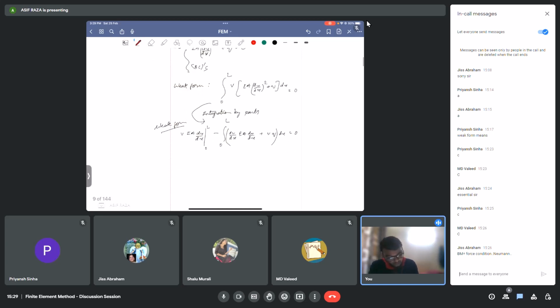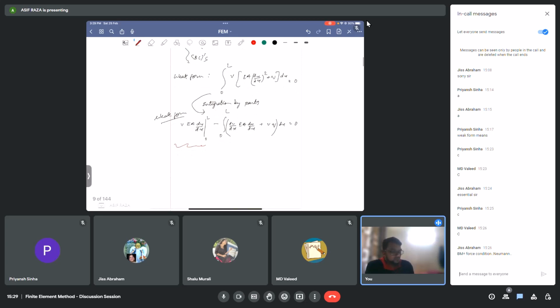So in the weak form, look at the boundary conditions. In the boundary term, you convert the weight function in terms of the state variable which I want to study.